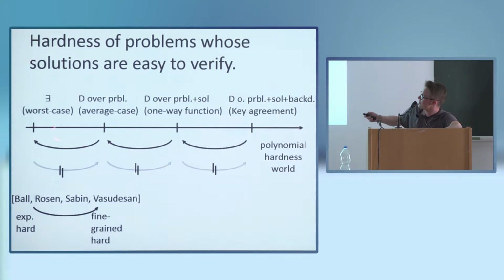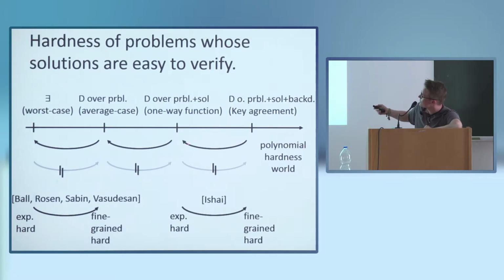Then we know that we can build fine-grained hard average case problems. And interestingly, we also know that from exponentially hard one-way functions, we can build fine-grained hard key agreement. And so what is missing is the link between these two.